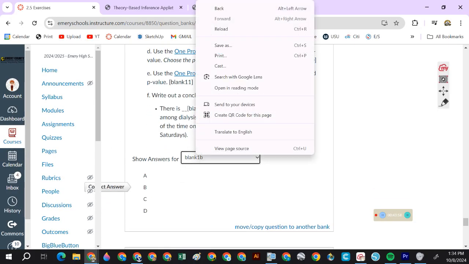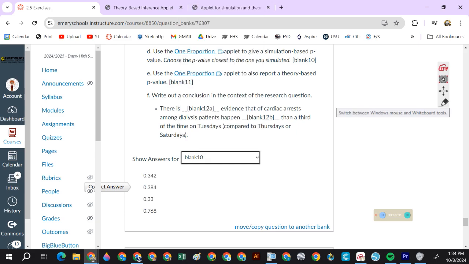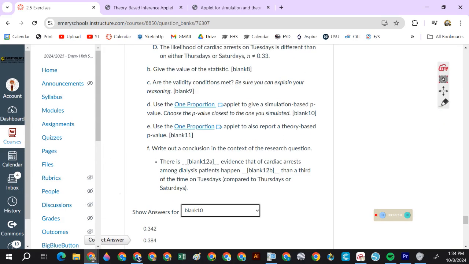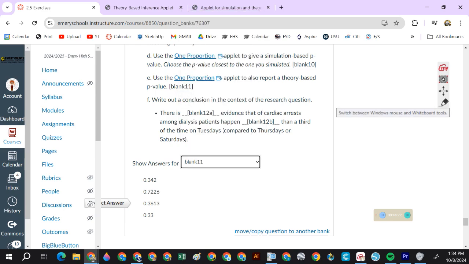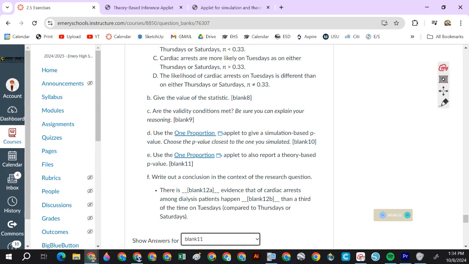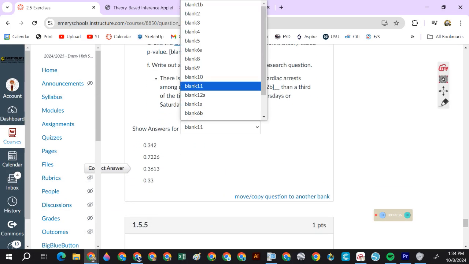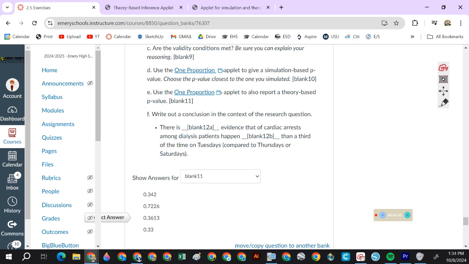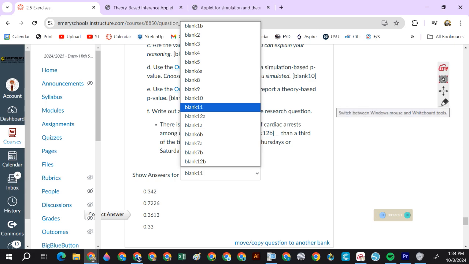All right, so blank 10. Choose the p-value.